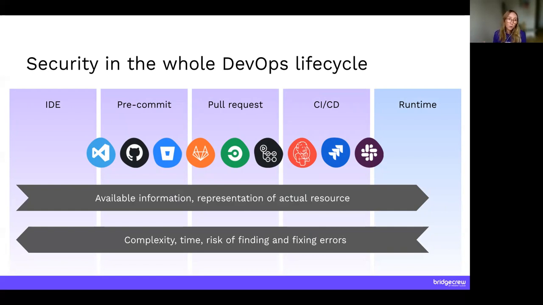Then as you move further right, you can do local pre-commit linters to run batch tests before integrating, then getting checks on your pull requests, embedding scanning into your CI/CD pipelines, and then finally in runtime.